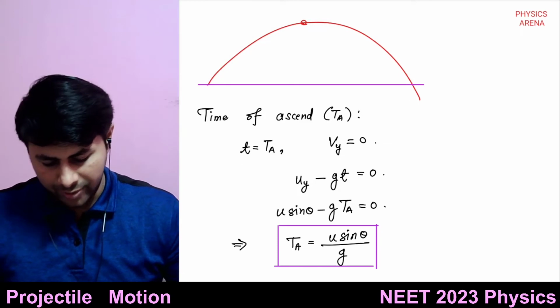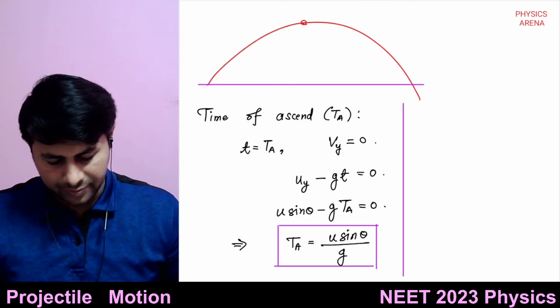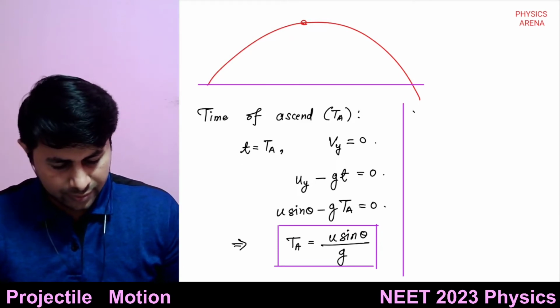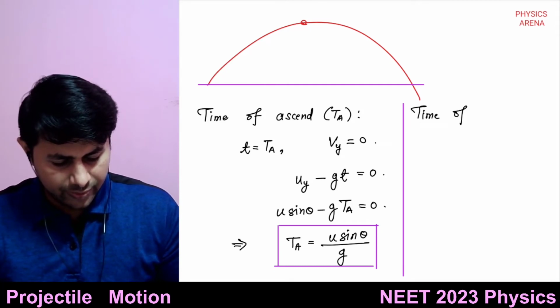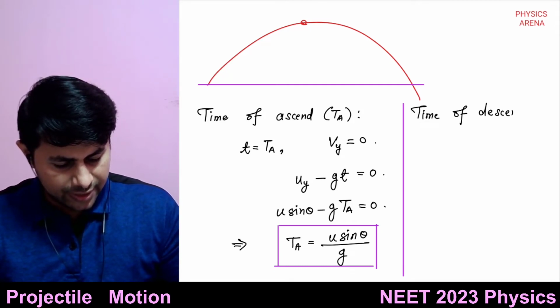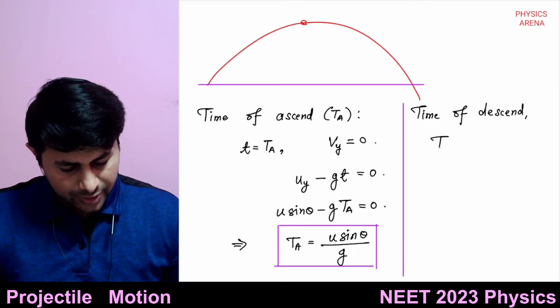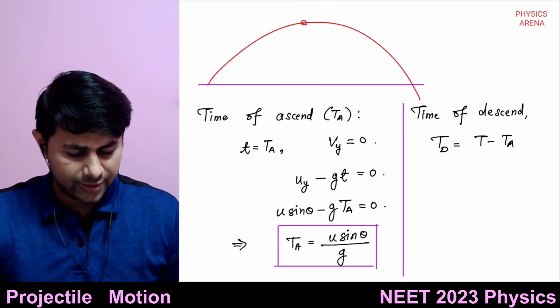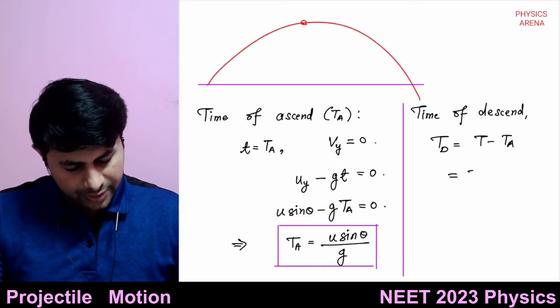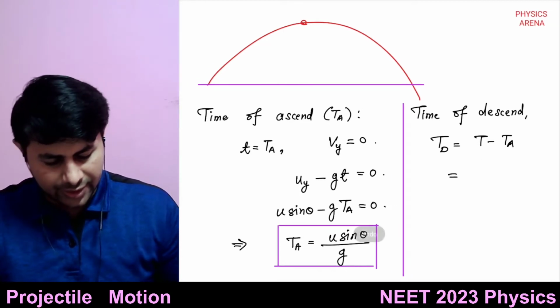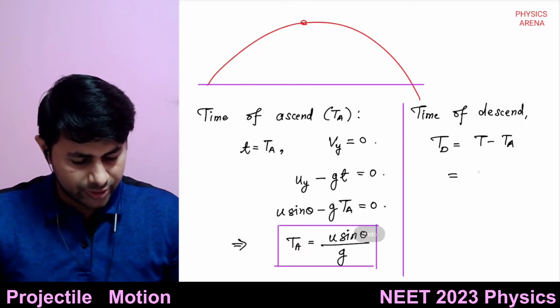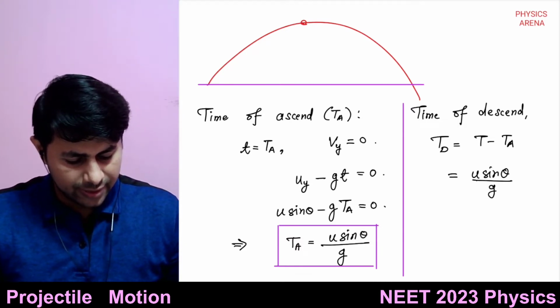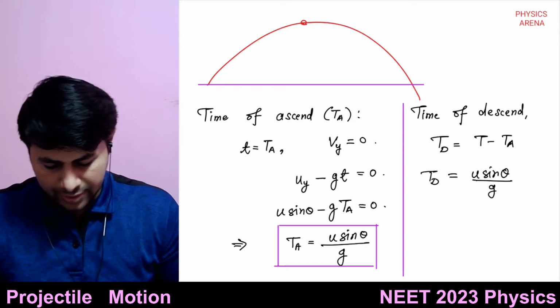So time of descent, Td is equal to T minus time of ascent, that is 2u sine theta upon g minus u sine theta upon g. So it is u sine theta divided by g. This is time of descent.